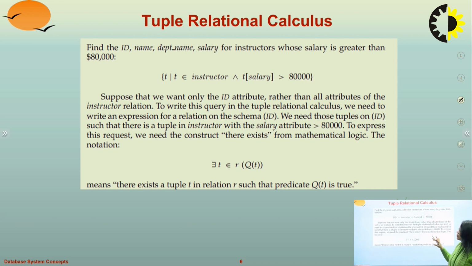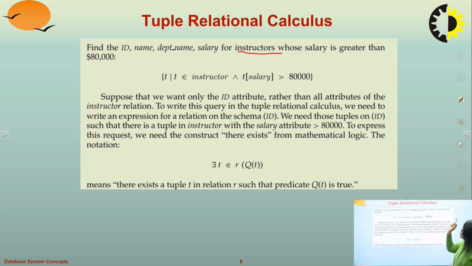So I'm taking one example. Find the ID, name, department name, salary. These all are the attributes of the instructor relation. So here I have not taken that instructor relation format. So I'm telling you, instructor is a table in which there are these 4 attributes.